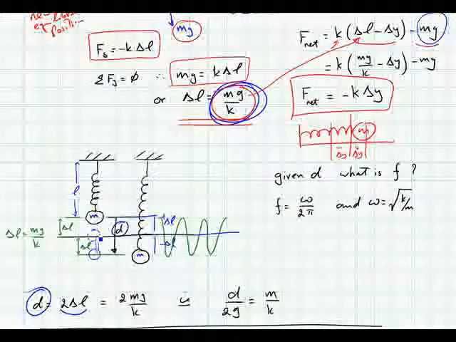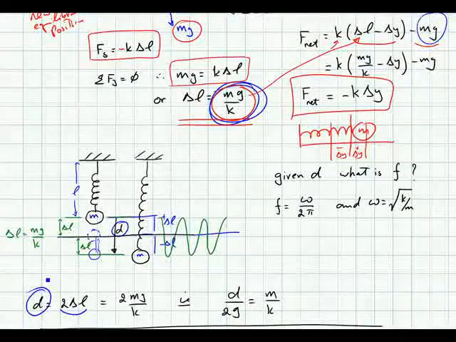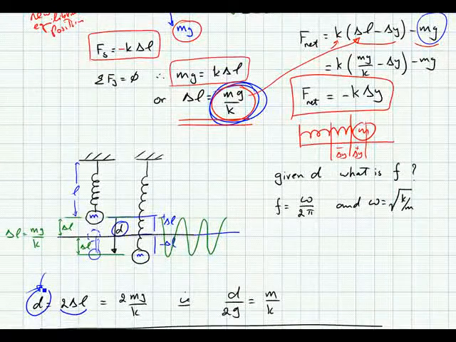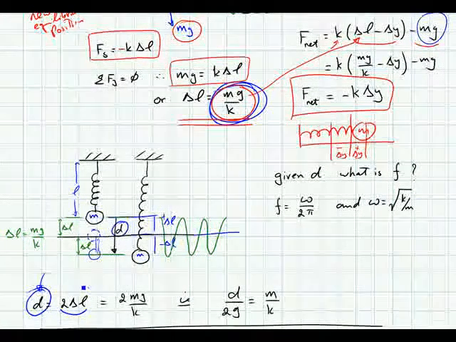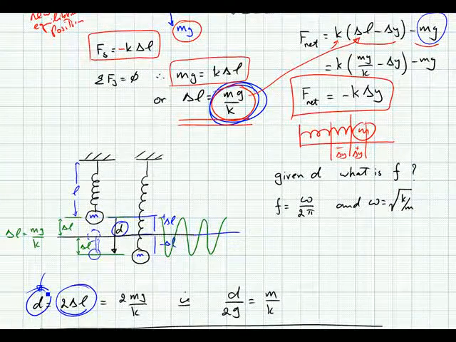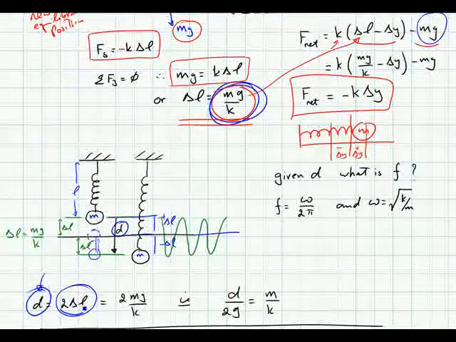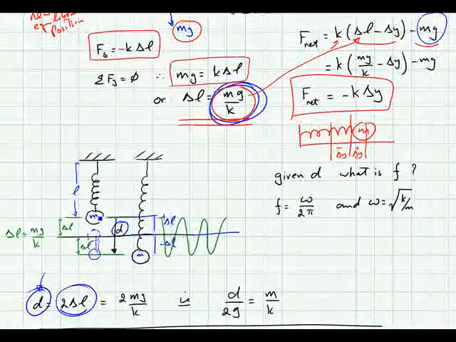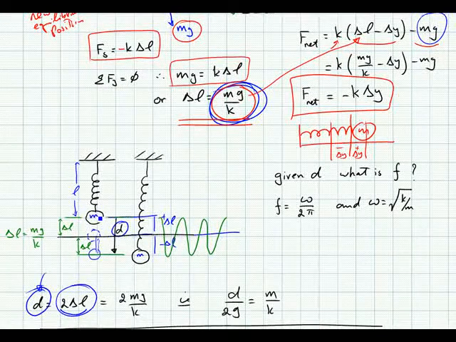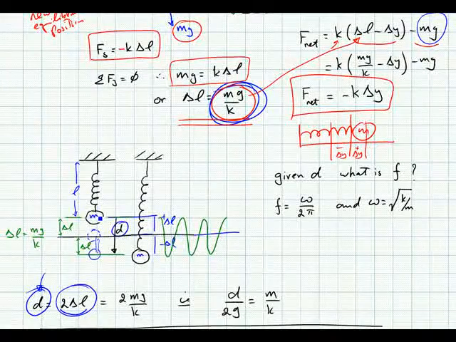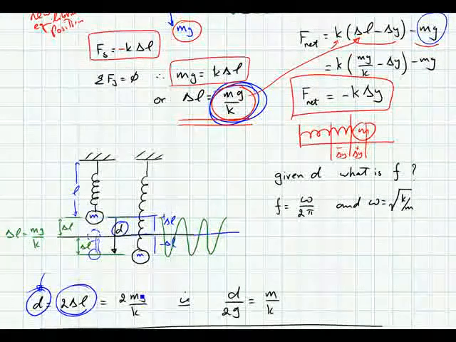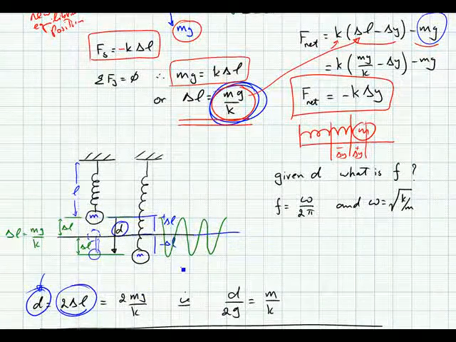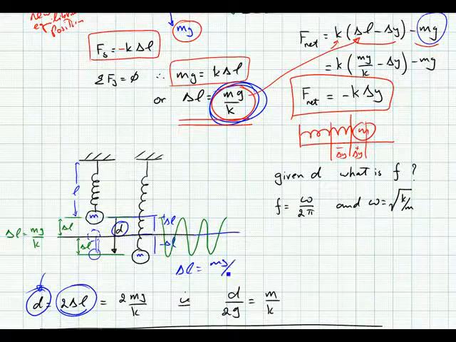So the important thing to realize in this example is that the amount that it drops from where we were holding it is equal to twice the amplitude of oscillation, and that amplitude delta L, since we were holding it at the natural length of the spring, is actually given by delta L equals mg over k.